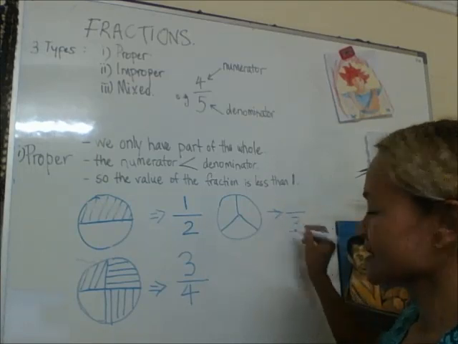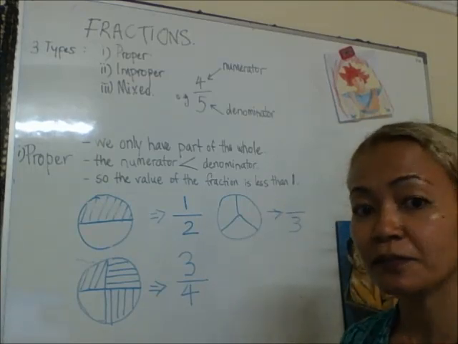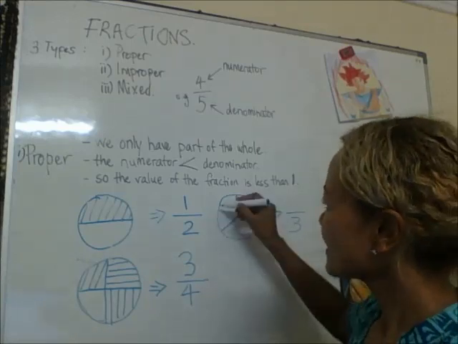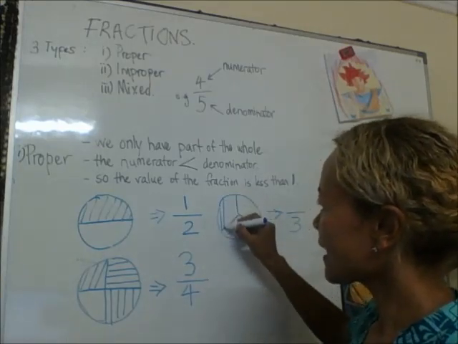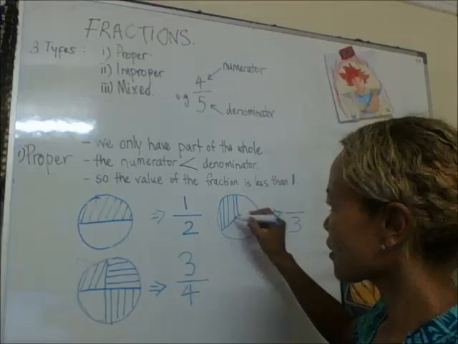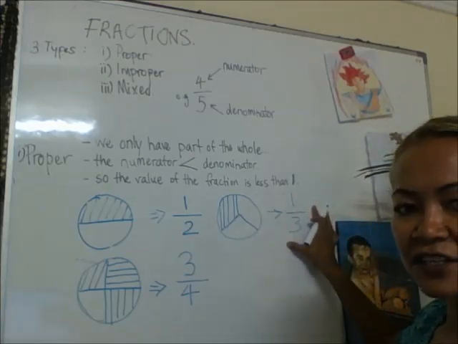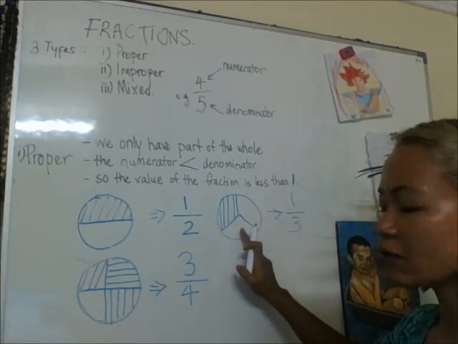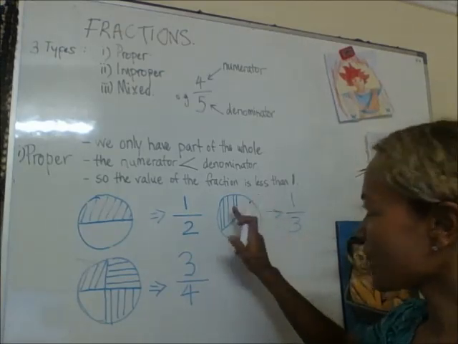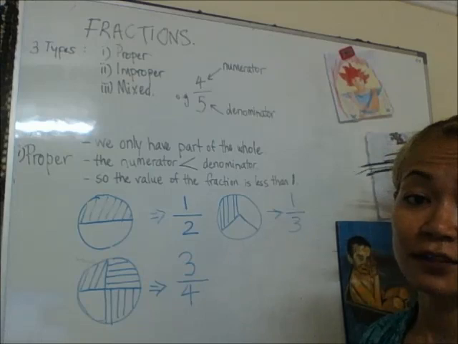So the denominator is 3 because there is a possible 3 parts. Say I only am shading 1, so what's being represented by this fraction is only part of the whole, and it is only one of the 3 possible parts of the whole.